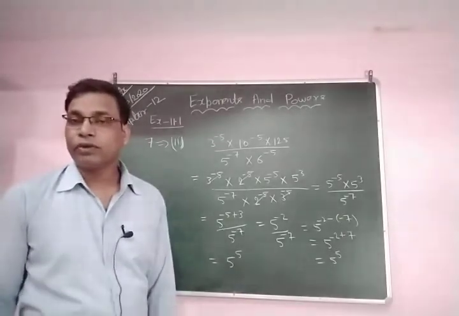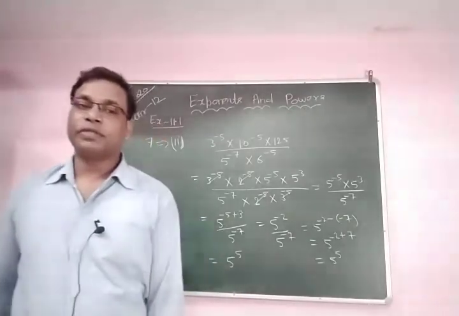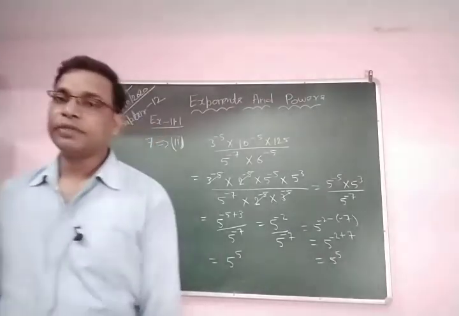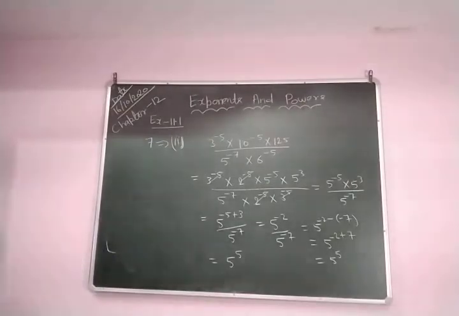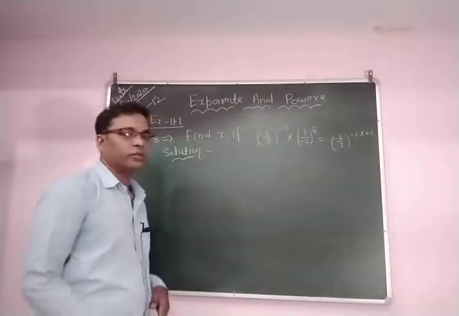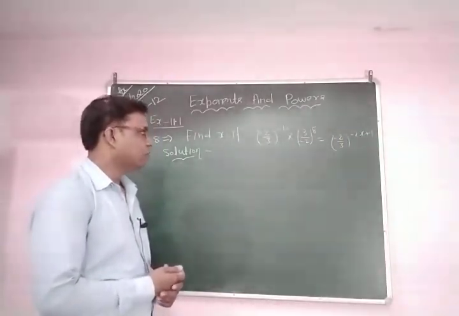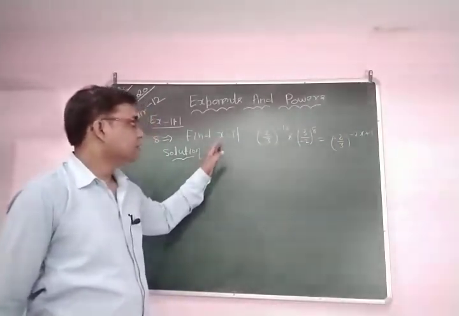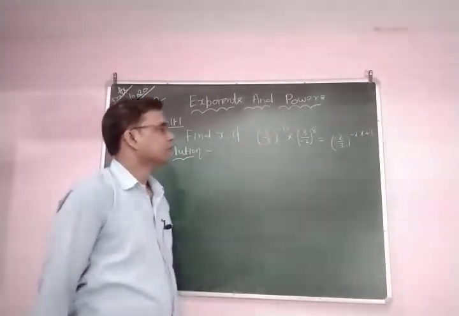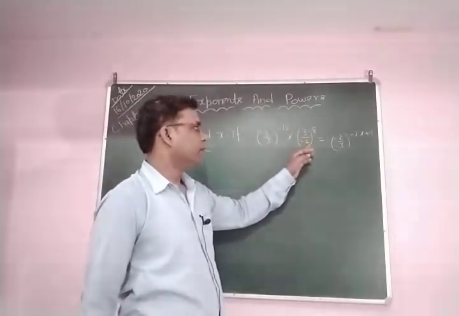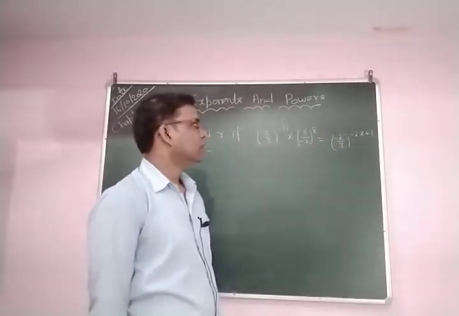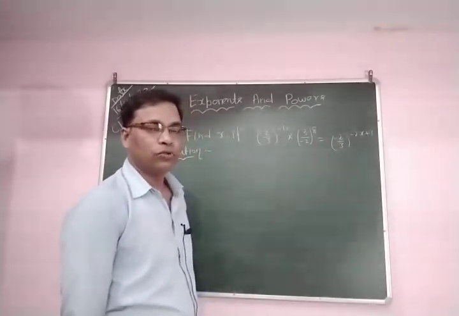Now we are going to discuss the next question of this exercise 12.1. So let's see what is the next question of this exercise. And this is the next question, question number 8 of exercise 12.1. Find x if minus 2 by 3 power minus 13 into 3 by minus 2 power 8 is equal to minus 2 by 3 power minus 2x plus 1.